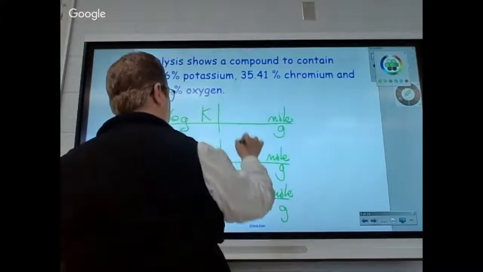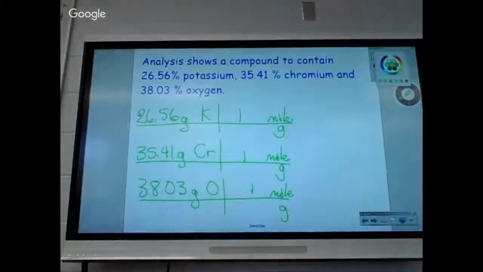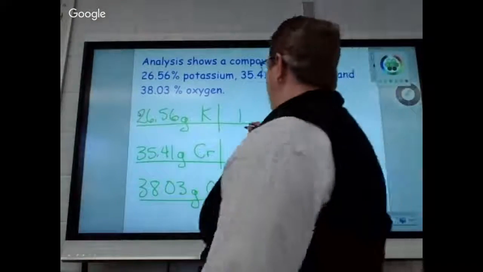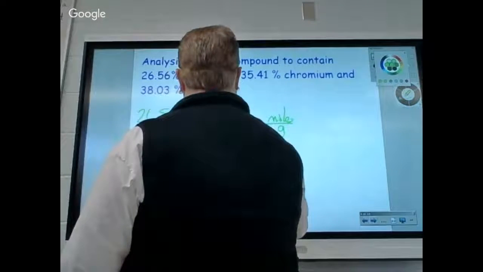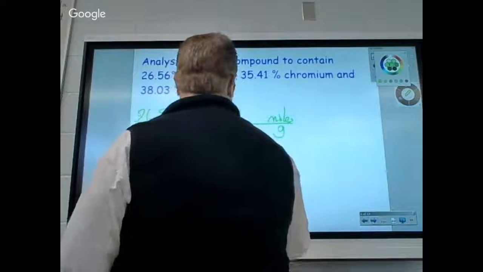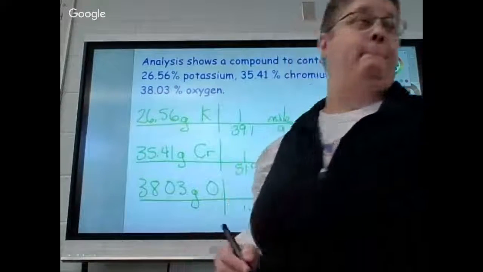Okay. What's my mass for potassium? 39.1. For chromium. And for oxygen.